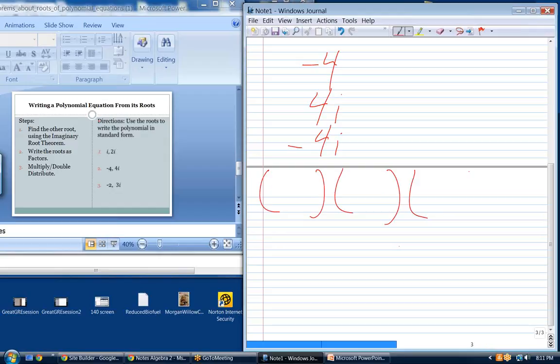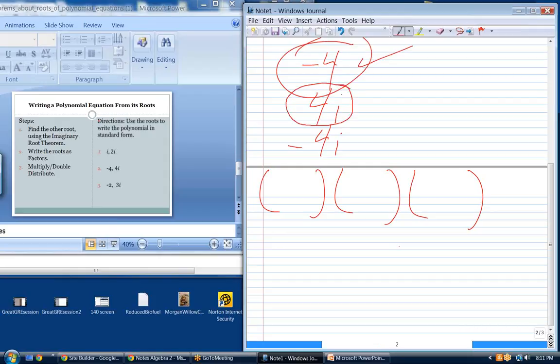We know we have 3 solutions. There's one of them, a real solution, so it doesn't necessarily come in pairs. And they told us that 4i was a solution. Well, we know imaginary solutions must come in pairs, so we must have minus 4i also.